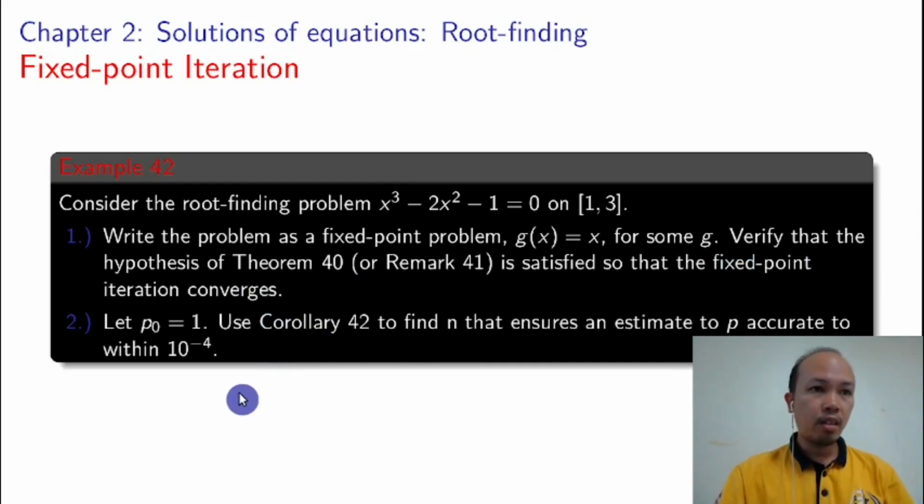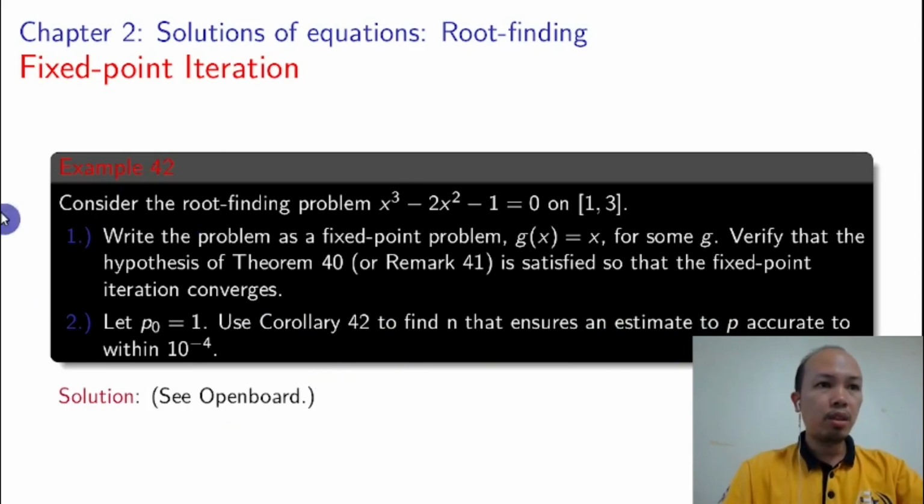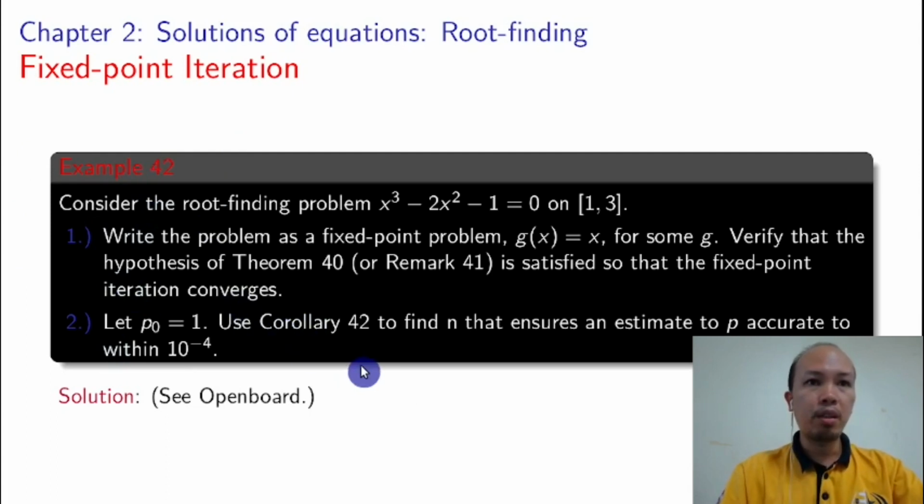And second, let the starting guess p sub 0 be equal to 1. Then we will use corollary 42 to find an n that ensures an estimate accurate to within 10 to the negative 4. So let's solve this problem in the open board, just like what I have promised to you before.